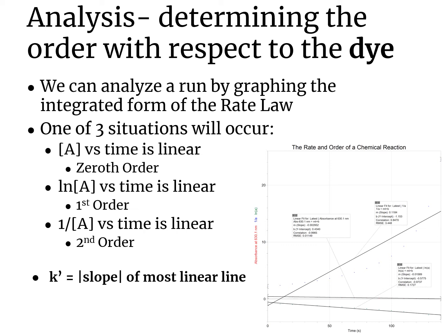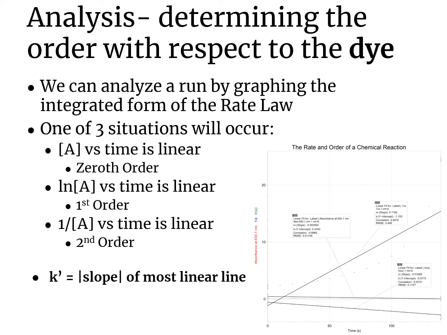And so you are going to use LoggerPro to generate these other variables, because you will have this one provided for you, and I will also show you how to do that on LoggerPro. And once you have obtained the slope of the most linear of the 3, which you will decide on after plotting the 3, your K prime will be the absolute value of the slope.